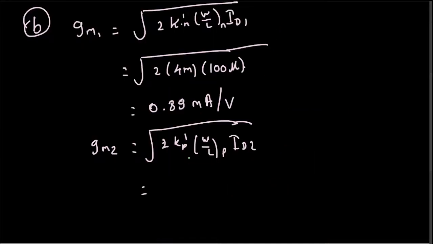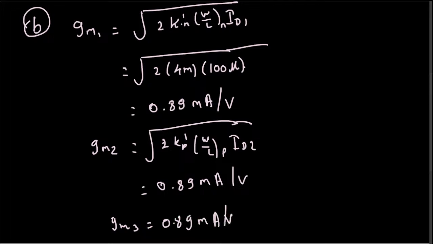So this current is also 100 microampere. So there's nothing different. This is 2 times 4 milli times 100 micro, exact same thing here as well. So we are supposed to get the exact same answer, 0.89 milliampere per voltage. gm3, same thing, 0.89 milliampere per voltage.